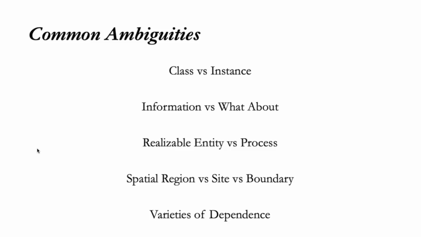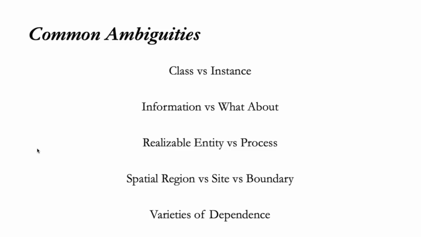Now, the way this really works, I'll say this and then we'll move on: if you exclude spatial regions, spatiotemporal regions, and temporal regions, everything in BFO ultimately depends on independent continuants. Now, if you then think about independent continuants in relationship to spatiotemporal regions, spatial regions, and temporal regions, independent continuants depend on spatiotemporal regions.